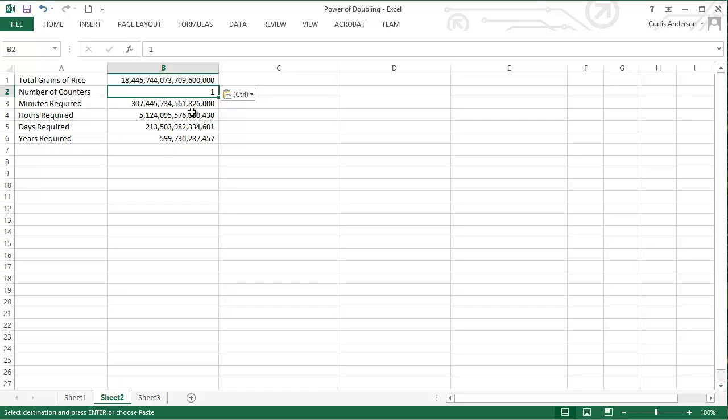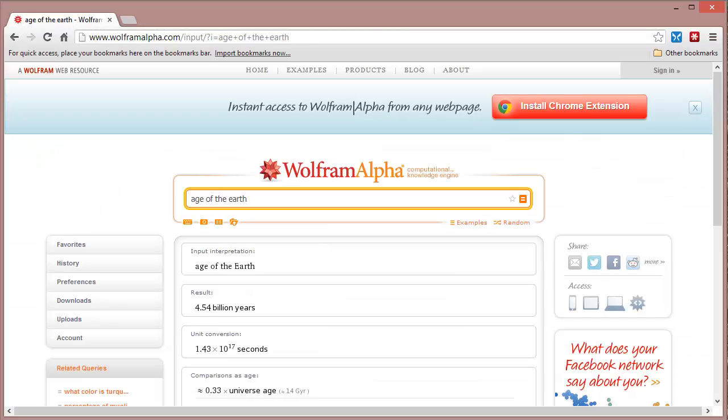So, let's say we increase the number of counters. Let's say we had 100. Yeah, we're still at billions of years. Maybe we're getting close to the lifespan of the Earth. Because remember, Earth was 4.54.